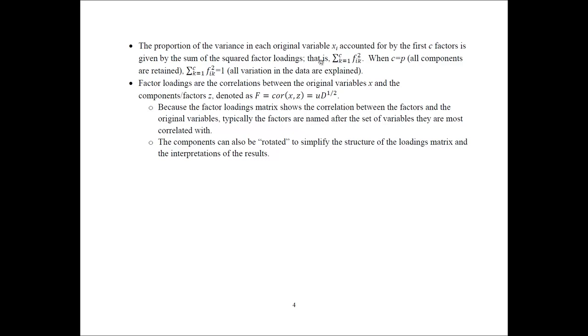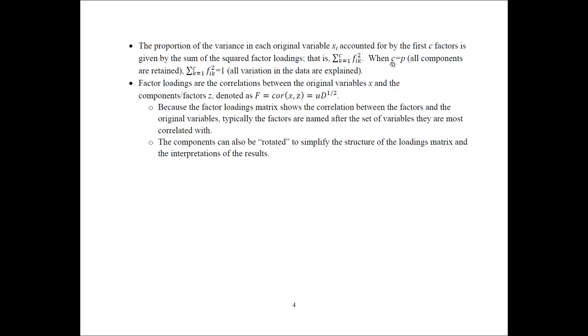The proportion of the variance in each original variable xi that is accounted for by the first c factors would be given by the sum of the squared factor loadings. So the summation from k equals 1 to c, the number of factors, of f squared of ik.